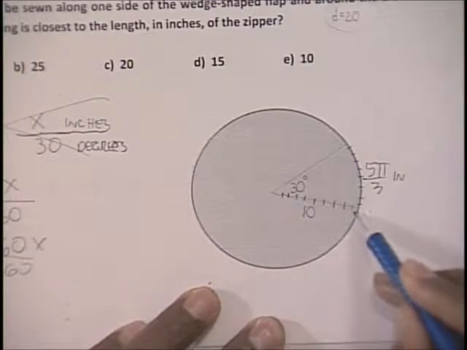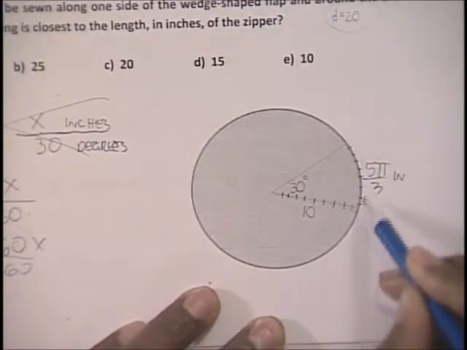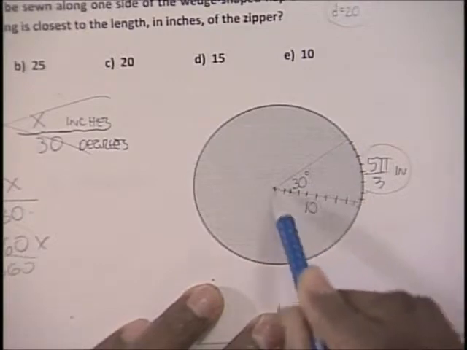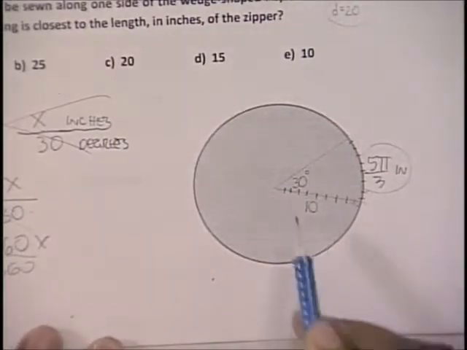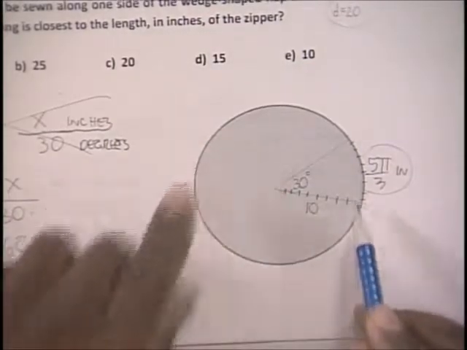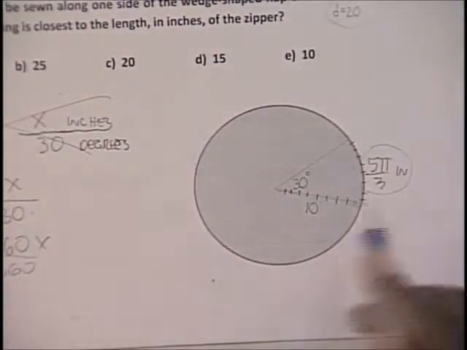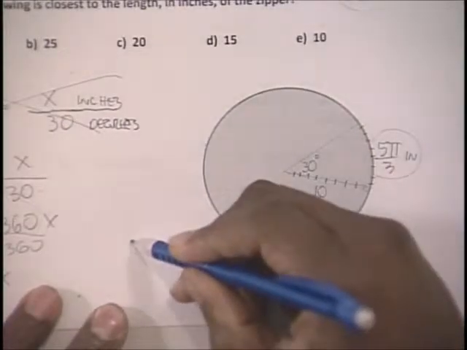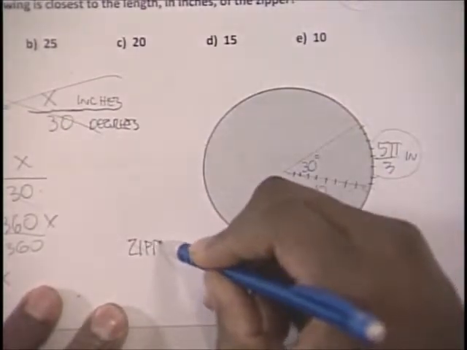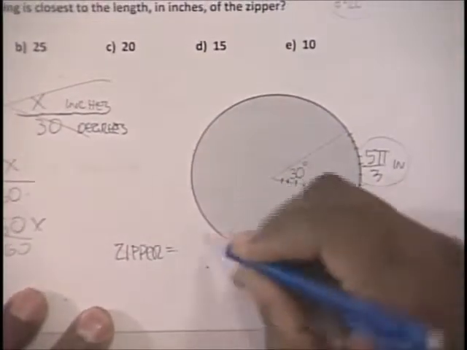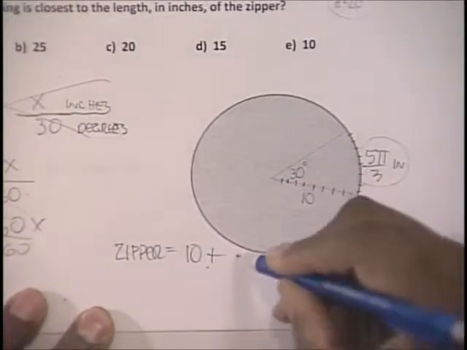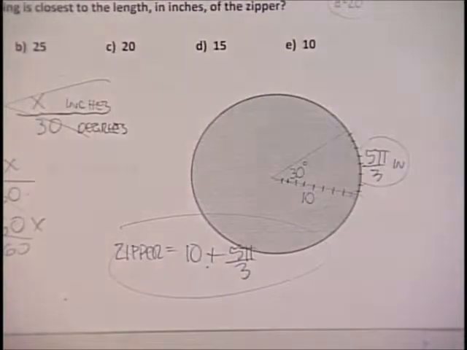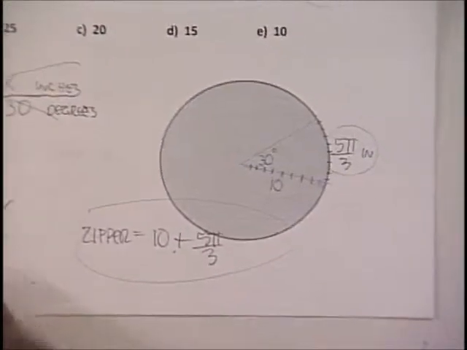So for the total length of the zipper, we found this length using ratios and proportions, and we found this length just using the understanding that a radius is half the diameter. Now to find the overall length of the zipper, you add: the zipper length is equal to 10 plus 5 pi over 3. This is like an ACT type problem, and on the ACT you're allowed to use a calculator.